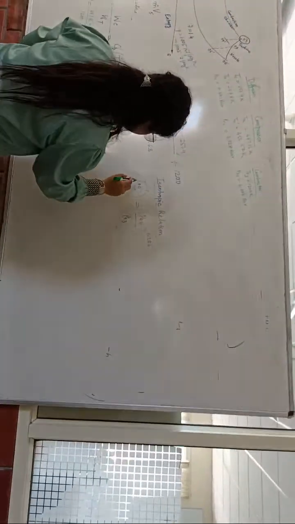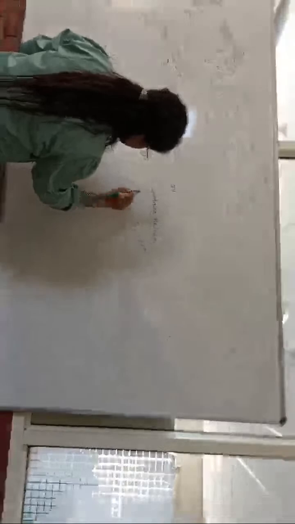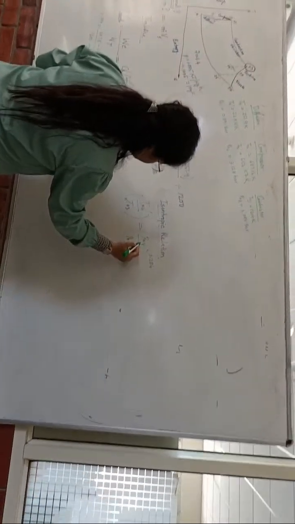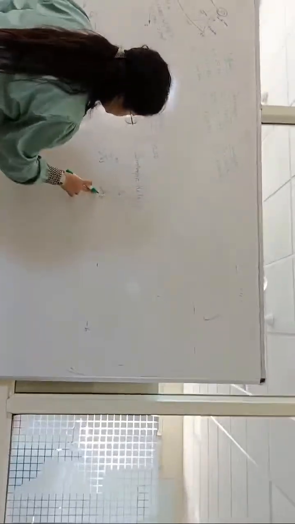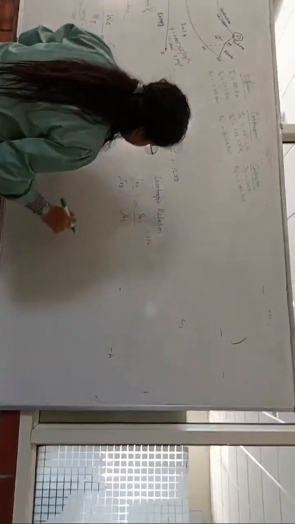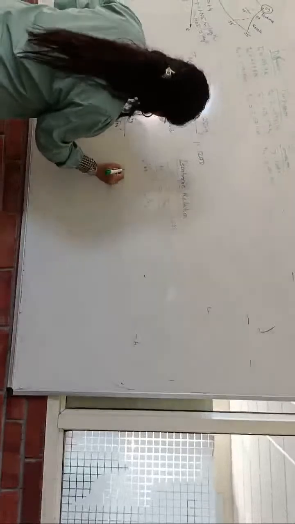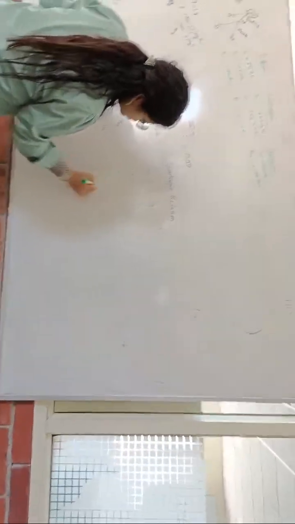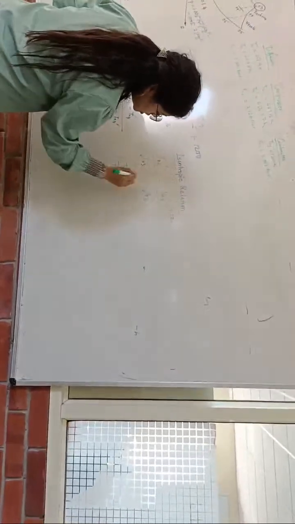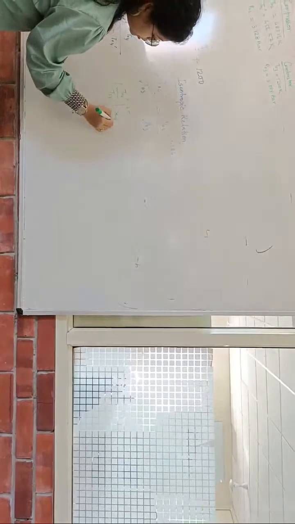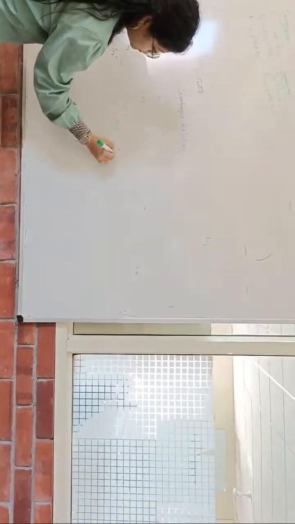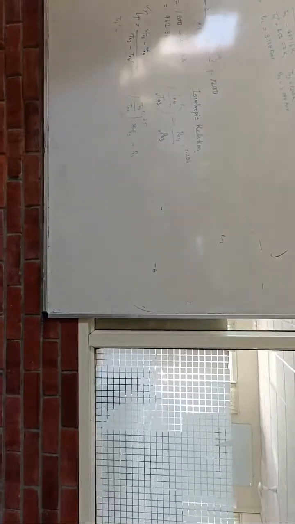Once you find T naught 4 prime, you just substitute here T naught 3, then P naught 4 is known. So from here you will find the unknown value. If you invert this relation, you will get 3.5 multiplied by P naught 3 equals P naught 4. So basically this will be your formula to find this P naught 4.